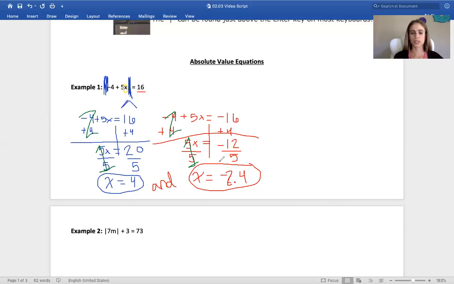Negative 12 plus negative 4 is negative 16. And is the absolute value of negative 16 a positive 16? Yeah, it is. So both of those answers check out. Either one can be a possible solution for x and make that absolute value equation true.